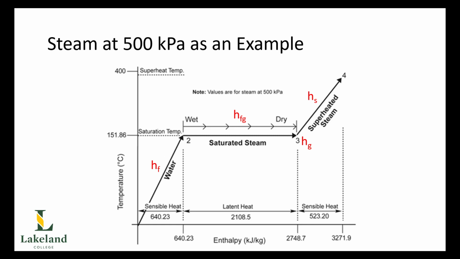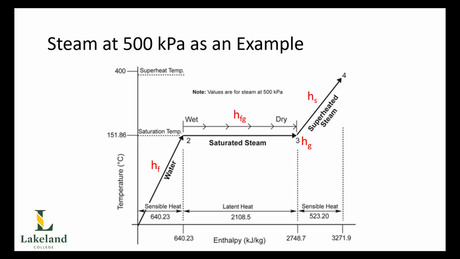Now, here's a specific example in our chapter for steam at 500 kilopascals. All these values come out of your steam tables that we'll see later. Starting at 0 degrees C and going up to the boiling point of 151.86 degrees C, we have our hf. This is the enthalpy of our fluid, and for 1 kilogram it is 640.23 kilojoules per kilogram.